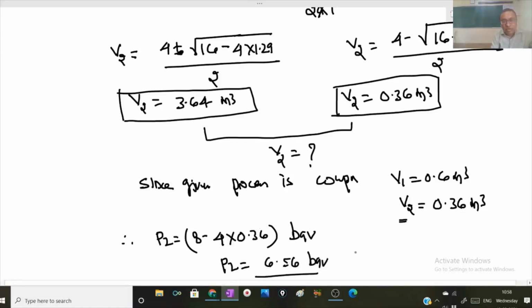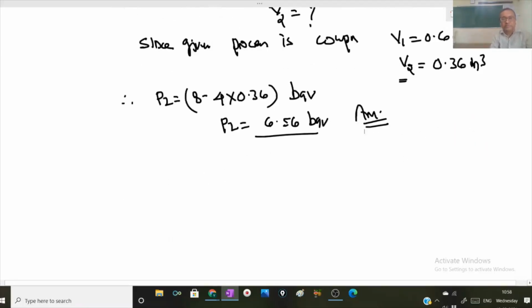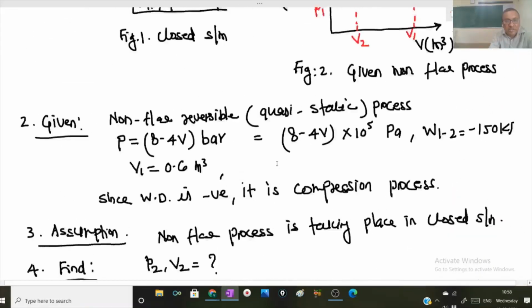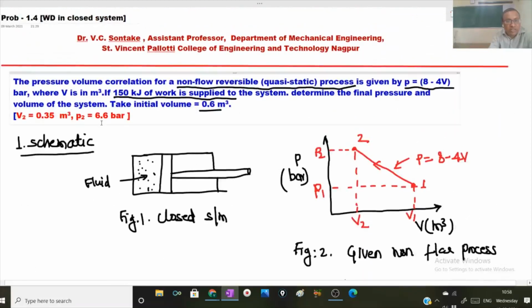Okay. So this is the answer, and this way you can solve this numerical. And the same answer I have given initially, 6.6 bar. Okay.